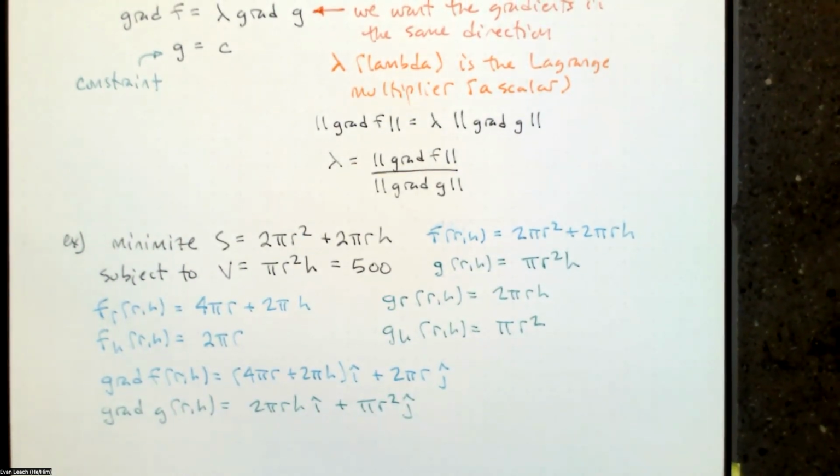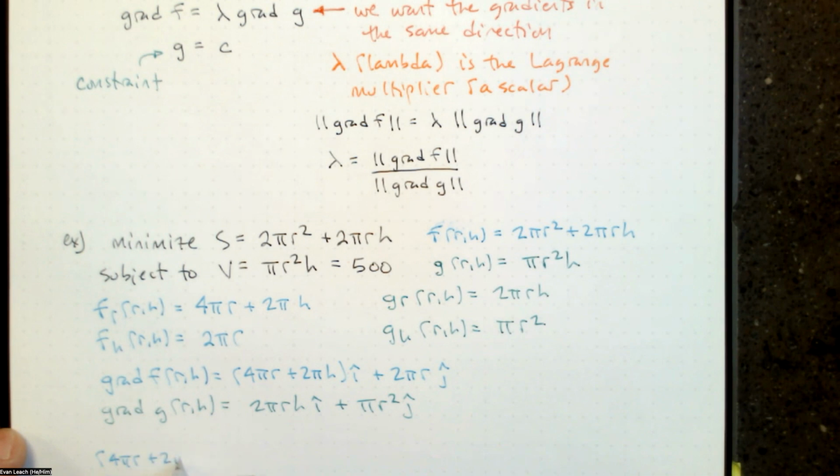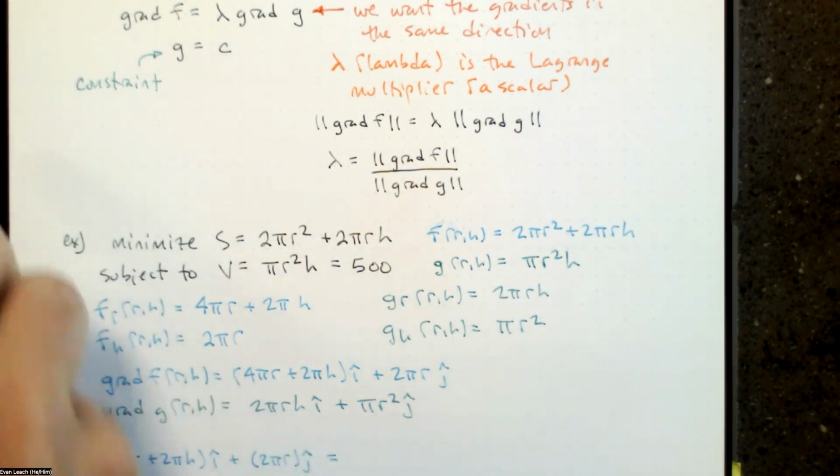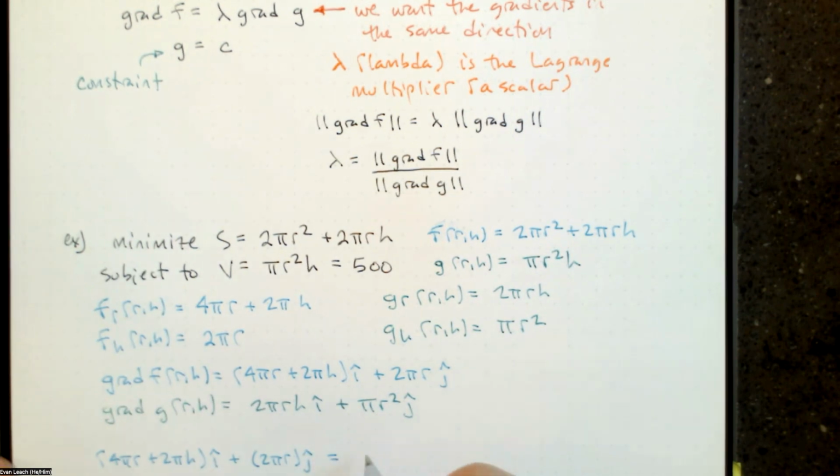So now we have all the parts, we can build our system of equations. I can take the gradient of f equals lambda times the gradient of g. So I'll take the gradient of f equals lambda times the gradient of g.